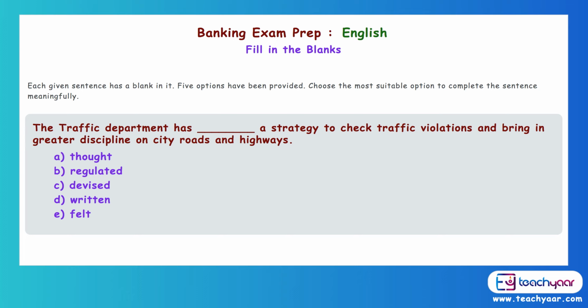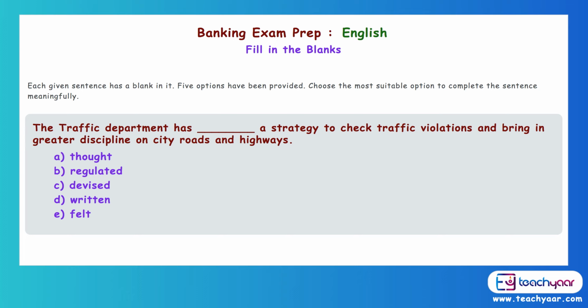So the blank that is given there, we have to fill up. Now what is the strategy for? To check traffic violations. People are not following the traffic rules. They are violating the traffic rules. And what is the second problem? What is it that the traffic department wants? It wants to bring in greater discipline on city roads and highways.